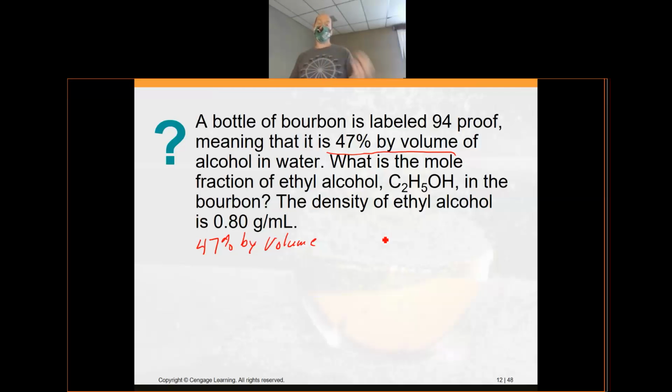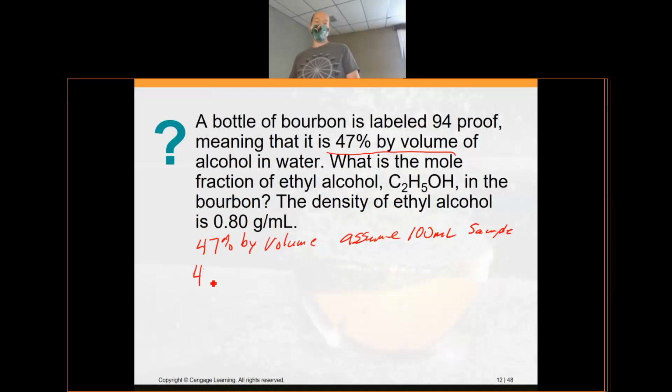all right, whenever I have a percent, I assume 100 is my sample. This is volume. And so I'm going to assume a 100 mil sample. If you had a mass percent, you would assume a 100 gram sample, and everything is grams. When you have a percent by volume, you assume a 100 milliliter sample, and then everything is converted to milliliters.